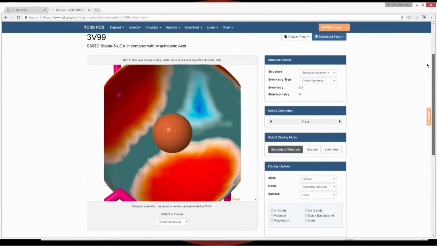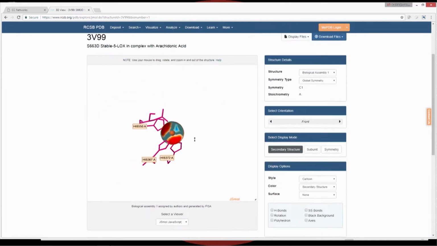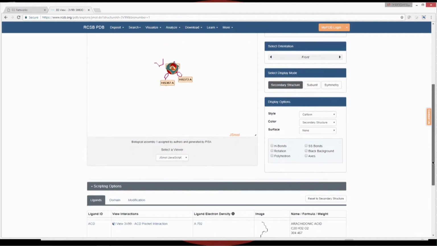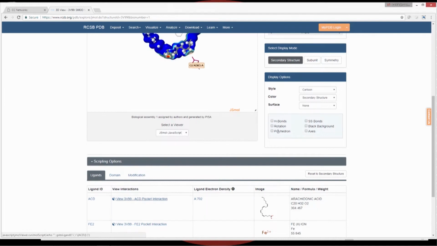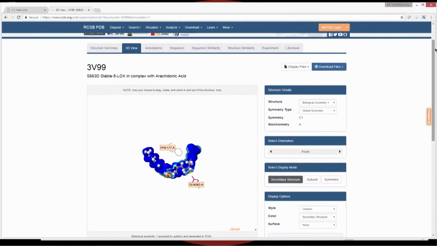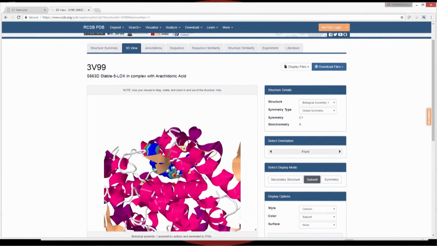As you can see here, this is the ion present in the protein, with the corresponding amino acids surrounding it. This picture shows how the arachidonic acid is interacting with the protein, and what amino acids are involved in the interaction. This is the entire protein that can be viewed.